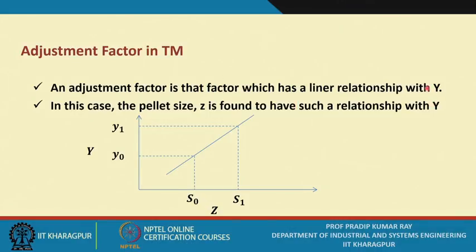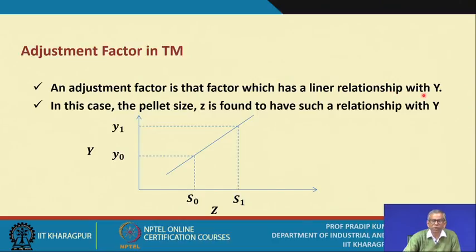Suppose 3 or 4 critical factors you have identified, and you find that out of these factors which are affecting the value of y, one factor has a linear relationship with y.